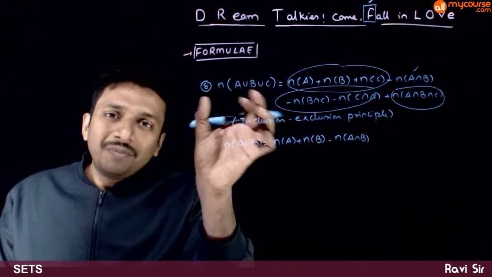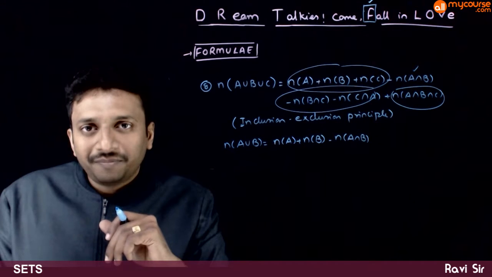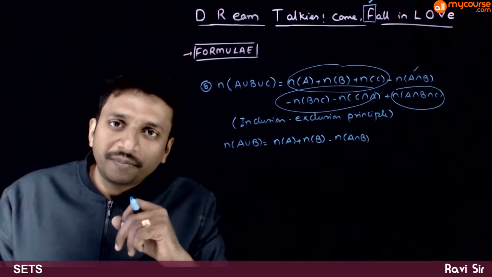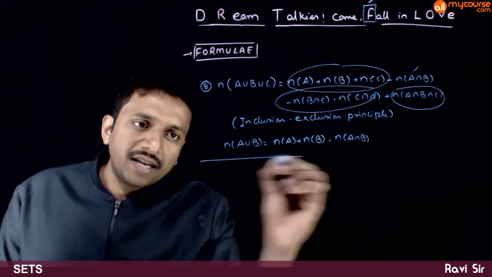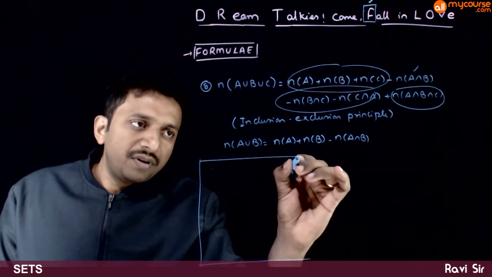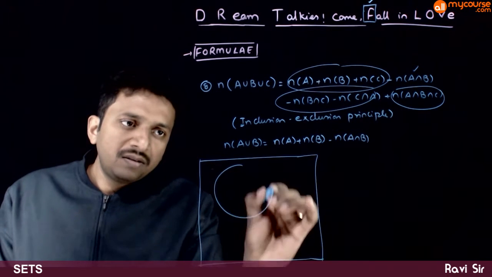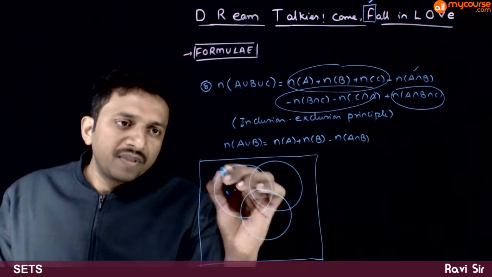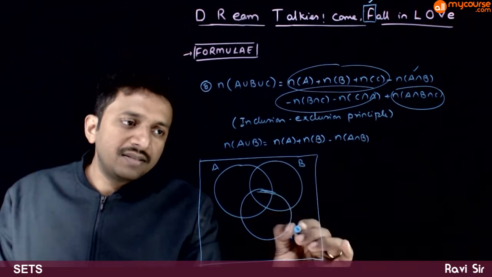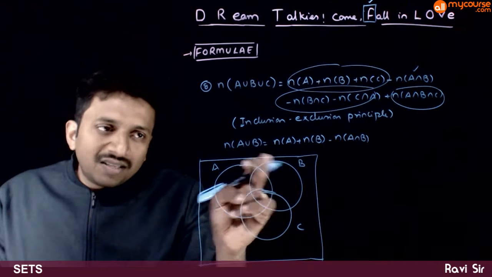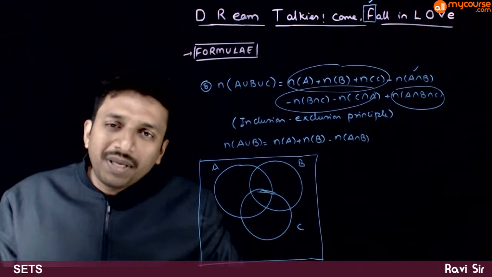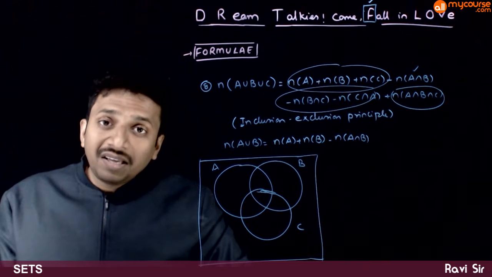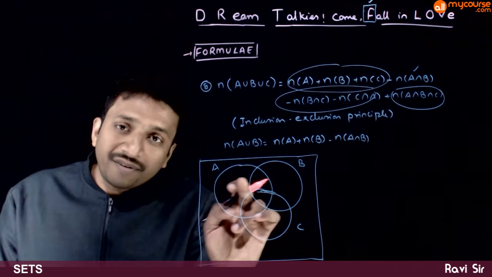So what is the meaning of this formula? Let us see why this formula works. If you take the Venn diagram with the sets A, B and C, you can see that the universal set is divided by A, B, C into different parts.